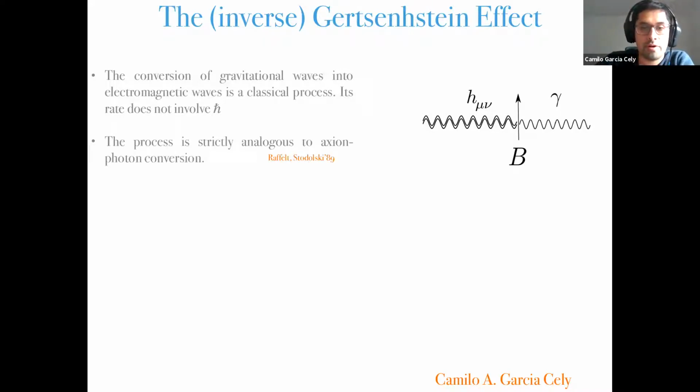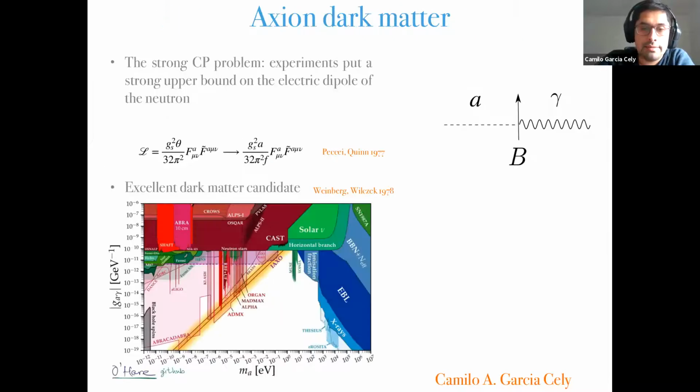The rate for the conversion is independent of the Planck constant. As such, this process is strictly analogous to axion-photon conversion. Because of that, many bounds or ideas that have been studied for axions can be adapted to gravitational waves.